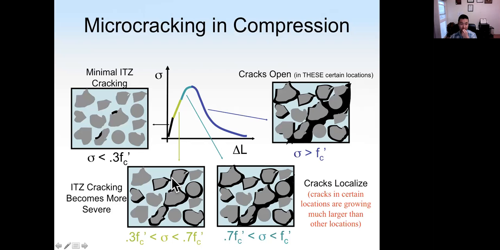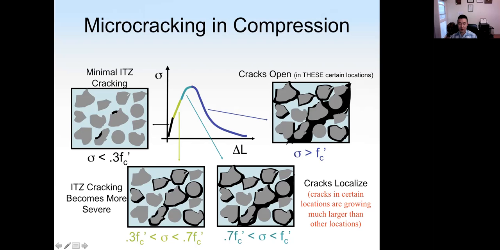Again, around 1/3 or 30%, we have very small cracking in the weakest area. For normal concrete, the weakest area will be the ITZ, as shown here. For high strength, it could be the aggregate. And then between 30% to 70%, we have more cracks, and in certain areas, the crack size will open up.